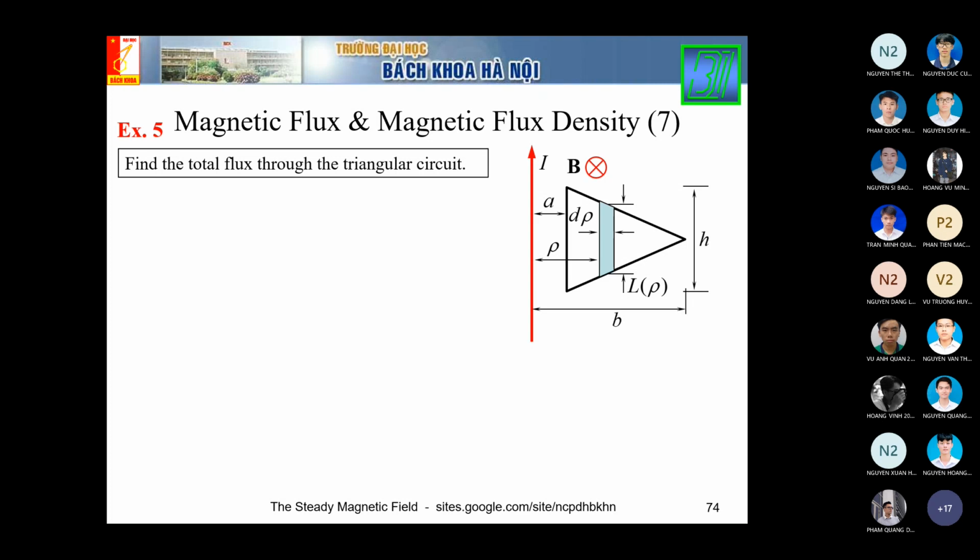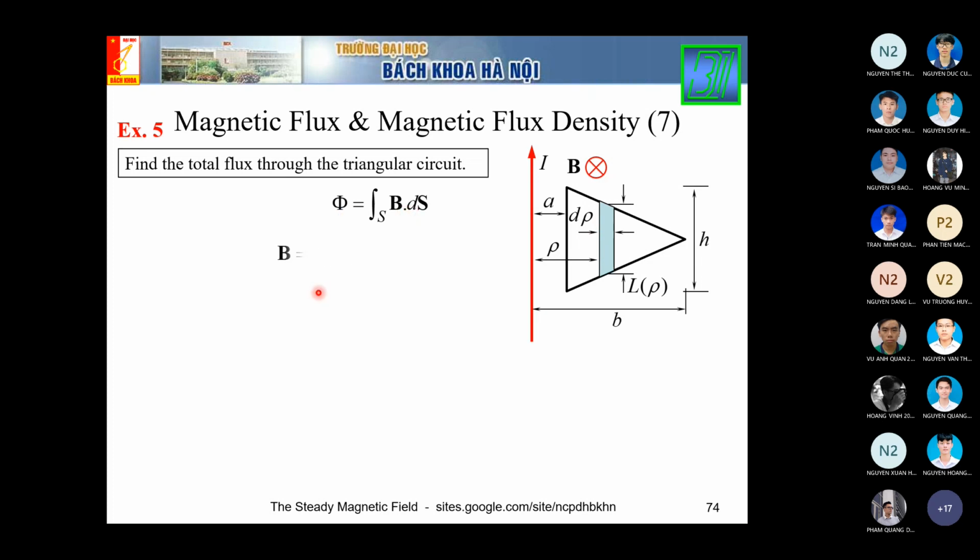Because d rho is very small, we can think that this trapezoid can be considered as a rectangle. Are you right? We had to do this because, according to the definition, we had to find ds.